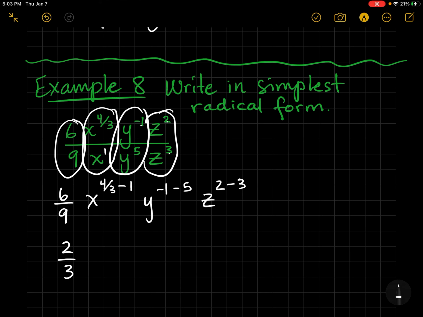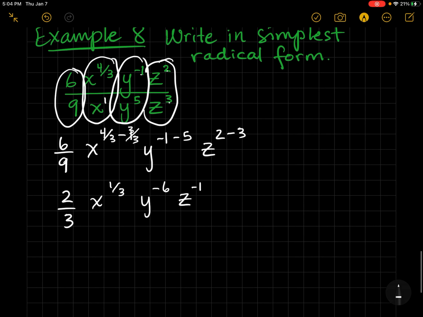See, all I'm doing is I'm subtracting exponents. You always start with the numerator and subtract the denominator. Now here, I need common denominators, so I'm just going to call that 3 over 3. So I get x to the 1/3, y to the negative 6, and z to the negative 1.